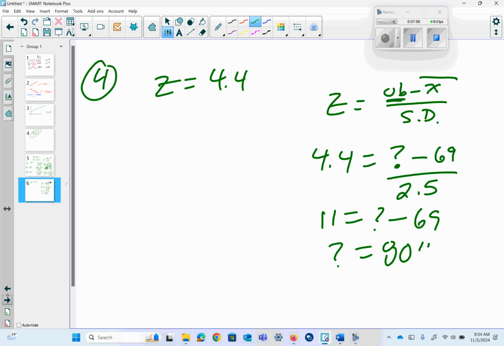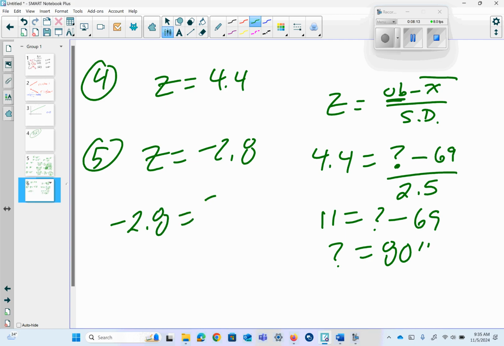And number 5, it says the rock star Prince, who unfortunately passed away too soon, he has a z-score of negative 2.8. So we're going to go negative 2.8 equals question mark minus 69 times, or no, over 2.5.